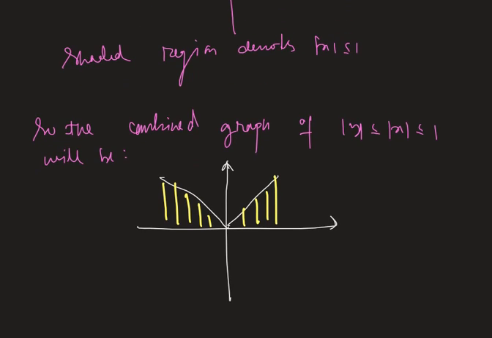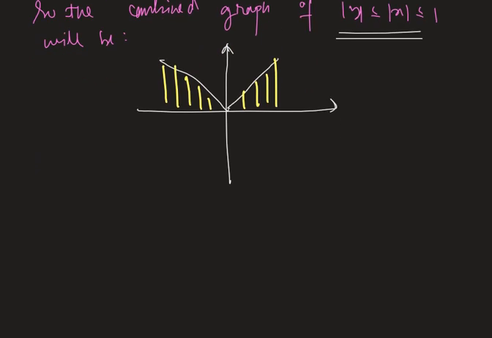Therefore, the combined graph is denoted by the shaded portion. Shaded region represents the combined graph, that is |y| ≤ |x| ≤ 1.